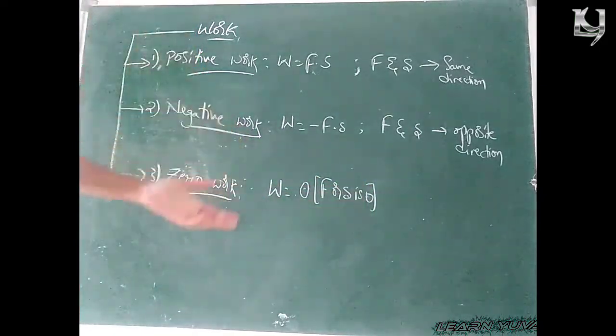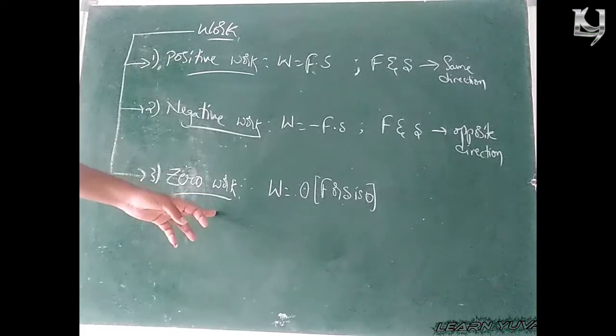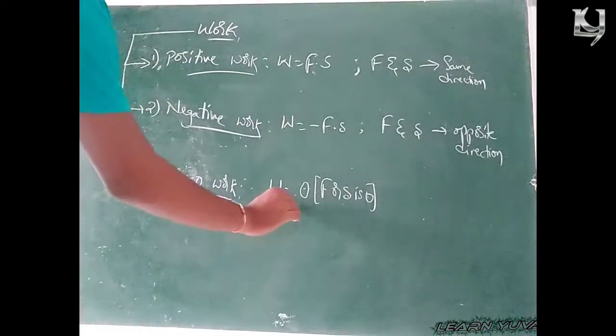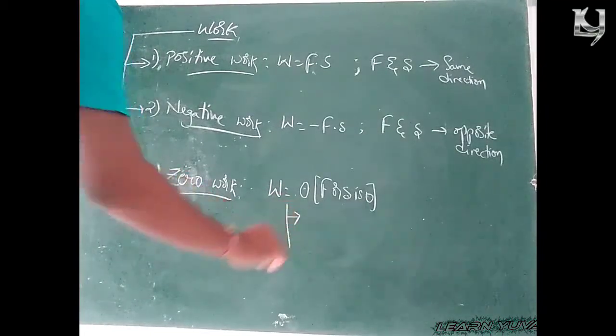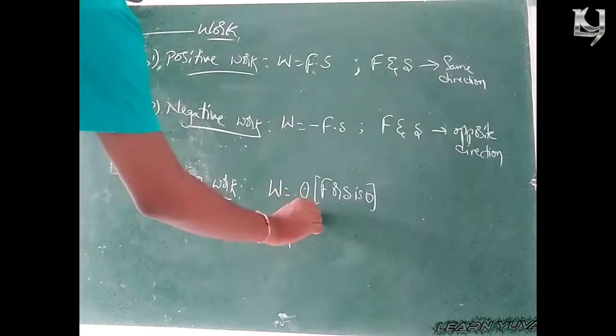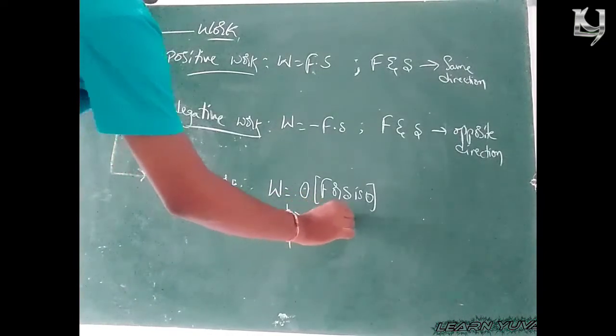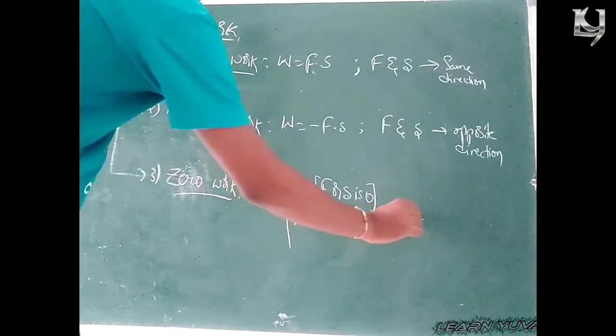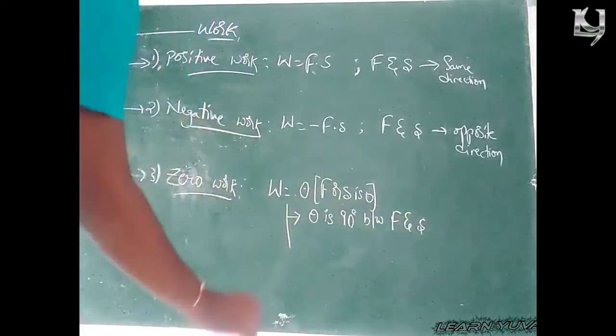Either the force is 0, the work is 0. Even if you apply some amount of force, if the body does not displace its position, then the work done is 0. Also, if theta is 90 degrees between F and S, then the work done is 0.